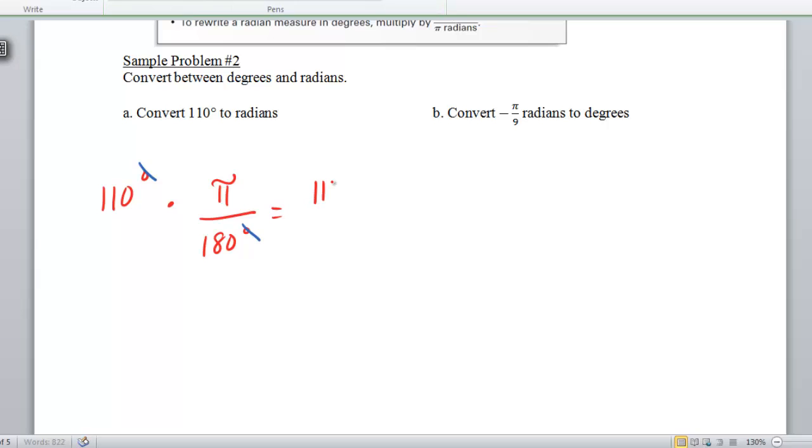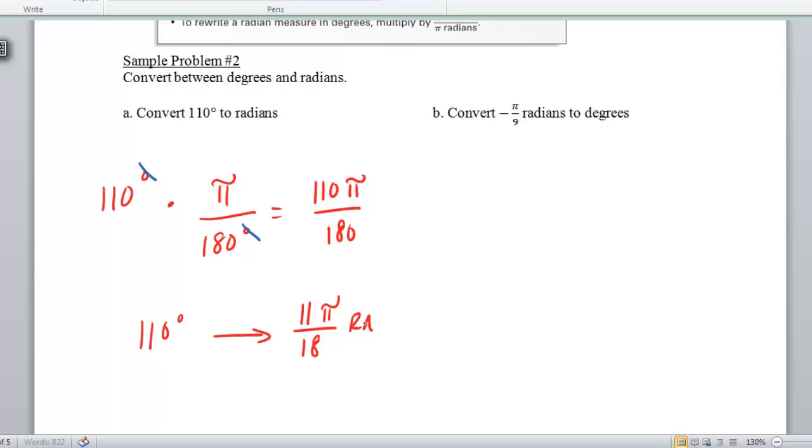And when they do, I get 110 pi over 180. Now, you want to make sure that you reduce these all the way. So this is going to be the same thing as 11 pi over 18. So we can see that 110 degrees converts to 11 pi over 18.